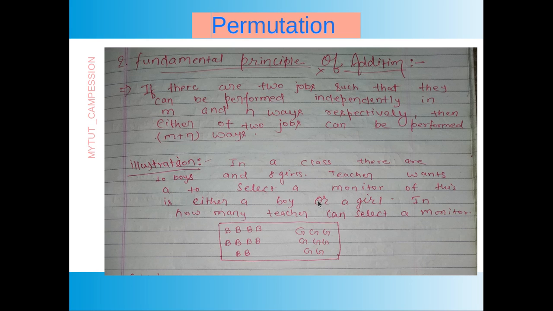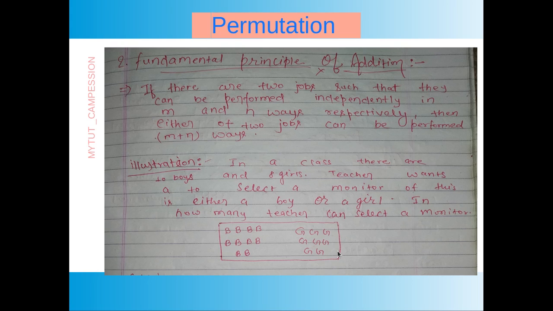If I select a boy or select a girl for monitor, my task is complete. So in how many ways can the teacher select a monitor? There are 10 boys and 8 girls. Selecting a boy monitor can be done in 10 ways and selecting a girl monitor in 8 ways.